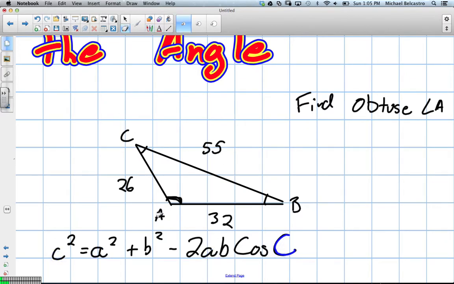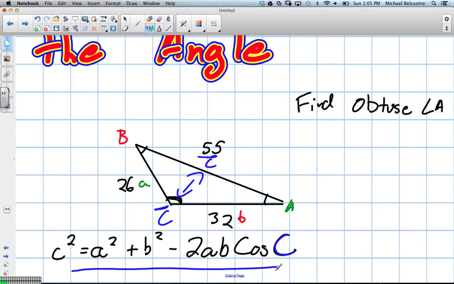So let's say this is my angle A, and because my formula is set up to find C, I'm just going to rename that to side C. The A and the B, just like in Pythagorean's theorem, aren't as important, which would make this angle A and this side B. Does this make sense? I've just renamed the triangle. It's completely fine. All I have to do is rename whatever side or angle I'm looking for to C, and then this formula will work out perfectly. That way I only have to memorize one formula.